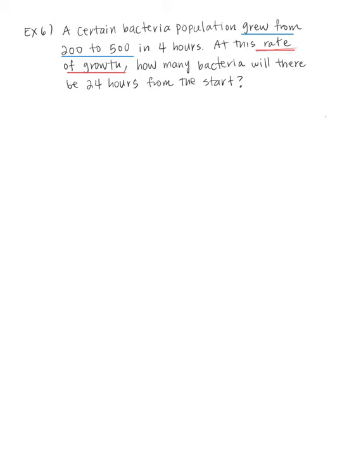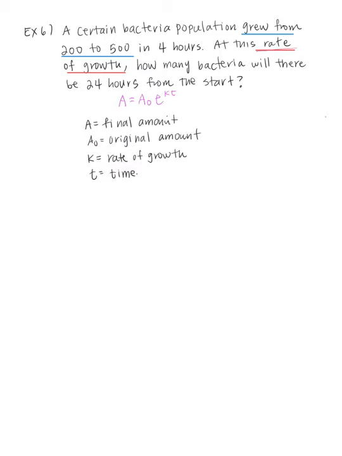All right, so first, we're going to be using this formula, A equals A sub 0 e to the kt. Let's recall that A is the final amount, A sub 0 is the original amount, k is, in this particular problem, the rate of growth, so k better be positive, and t stands for time.